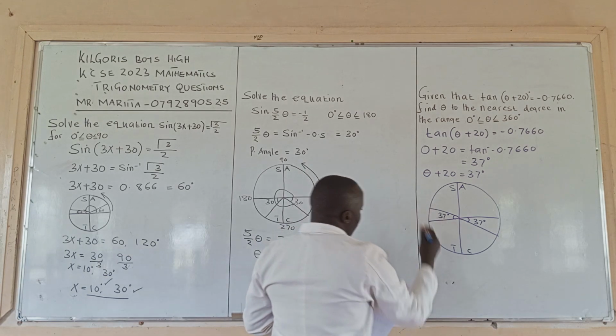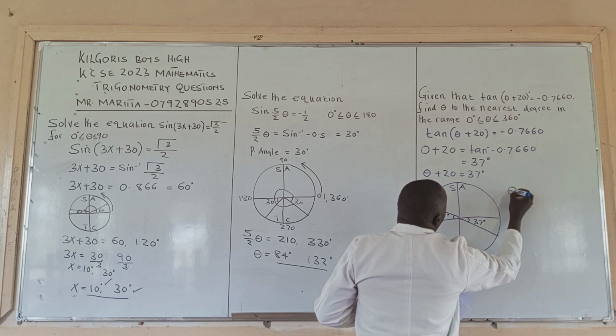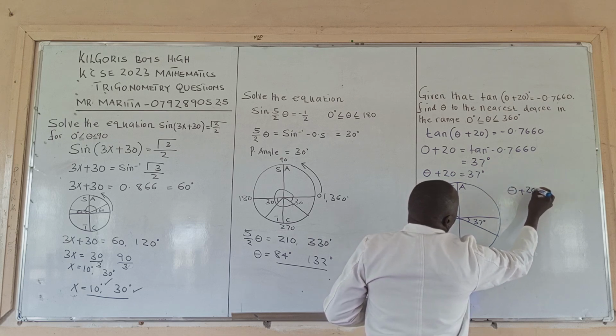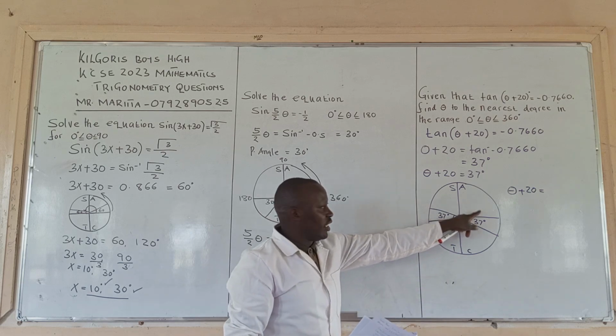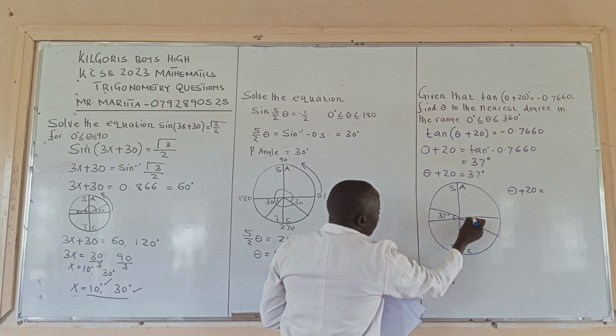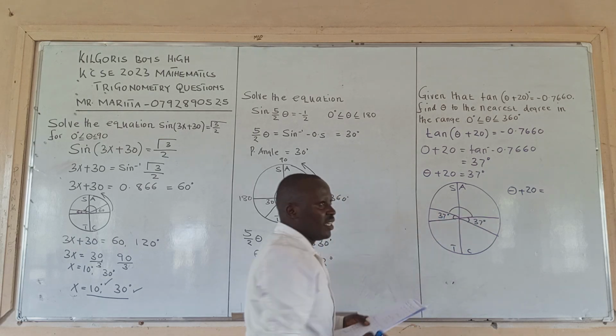Now, from here we can write that our theta, in this case plus 20, will be equivalent to the following. From our second quadrant, if we start from here, we have 180 minus, in this case, 37.